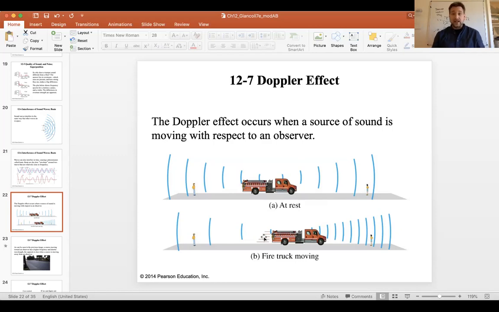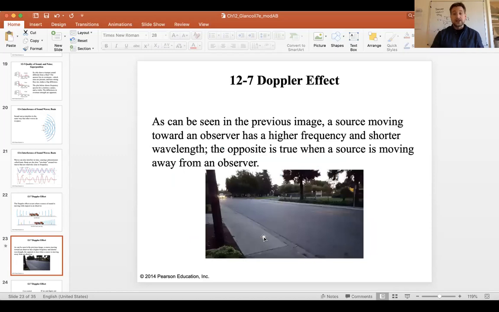My favorite example of this is ice cream trucks, any sort of confectionery delivery truck, right? As it goes, it's playing this song, right? And as it goes by you, the frequencies all melt and it sounds all demented and weird.